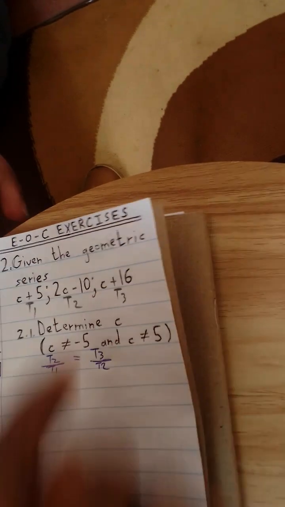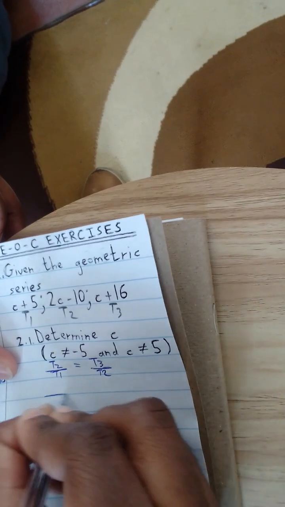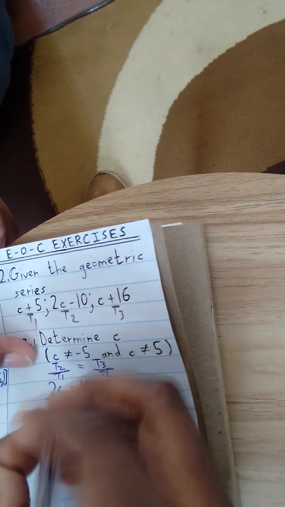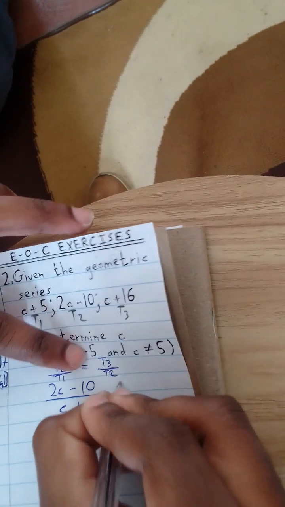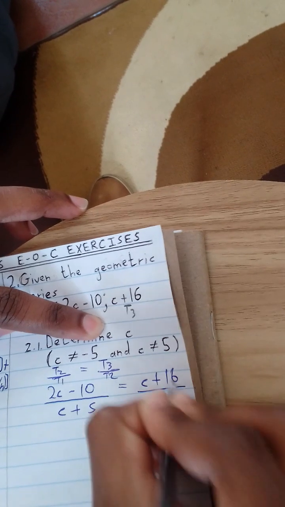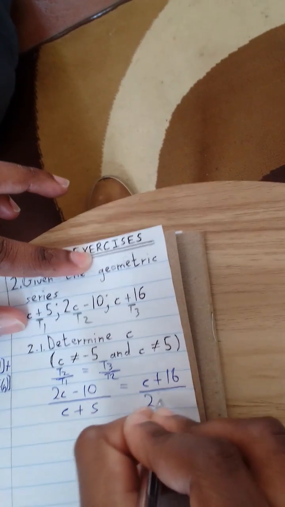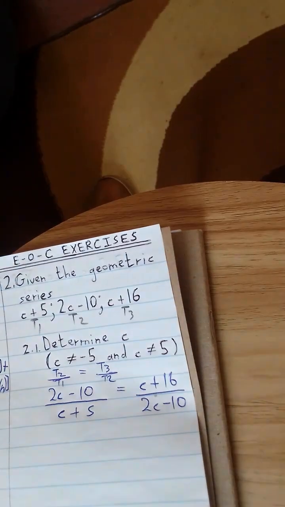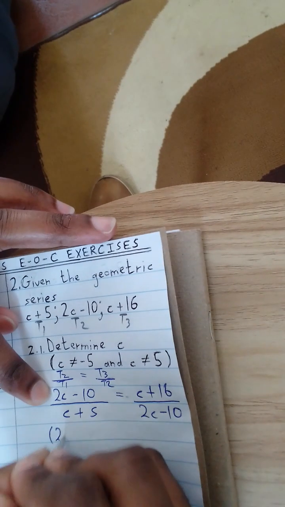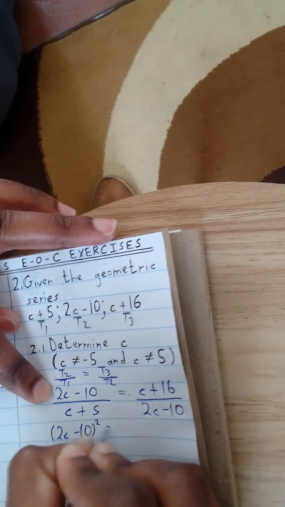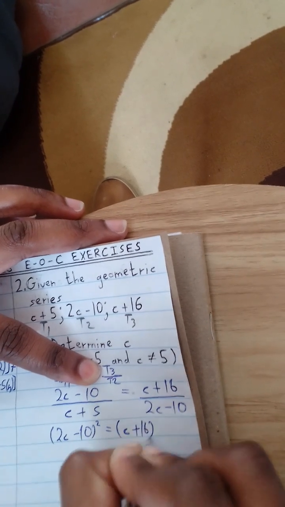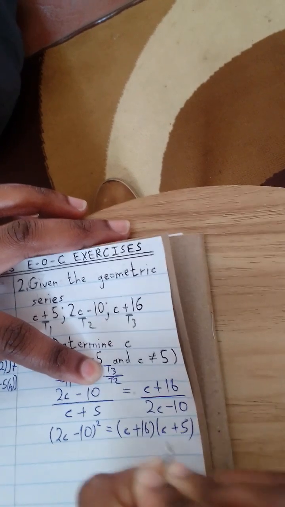What is T2? It's 2c minus 10. What is T1? c plus 5. What is T3? c plus 16. T2, 2c minus 10. Then you cross multiply. This times this is 2c minus 10 squared, and it's going to be c plus 16 times c plus 5.